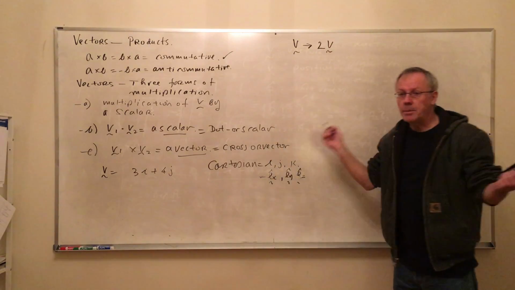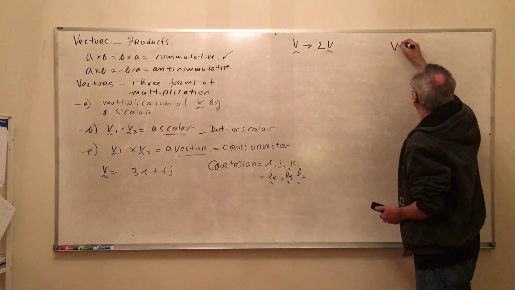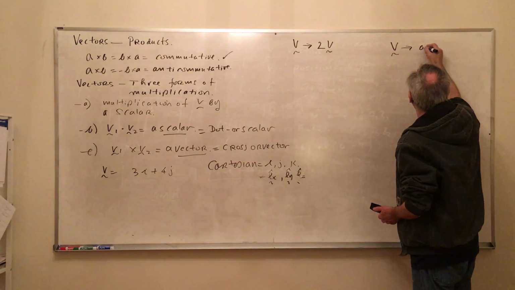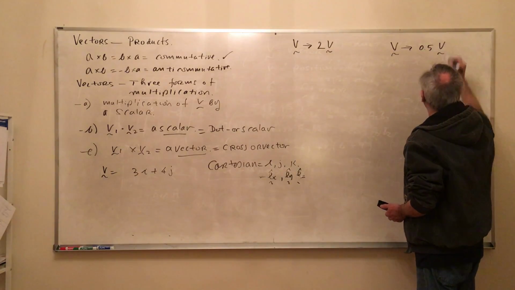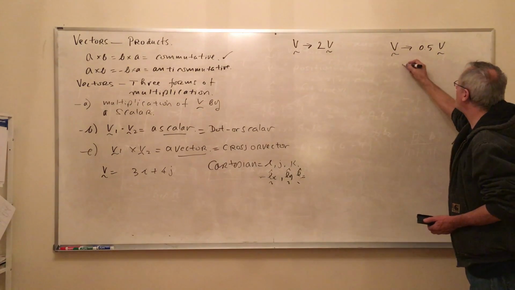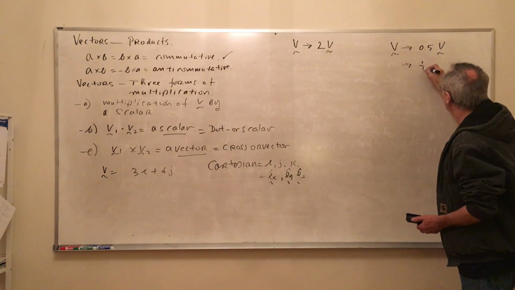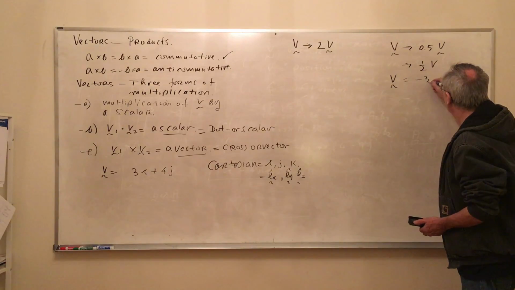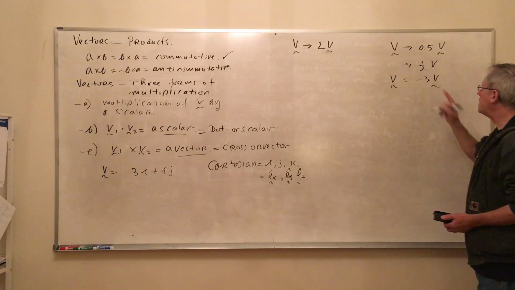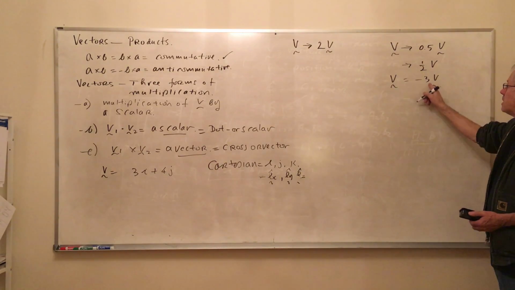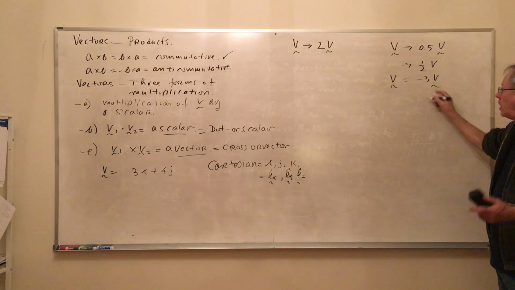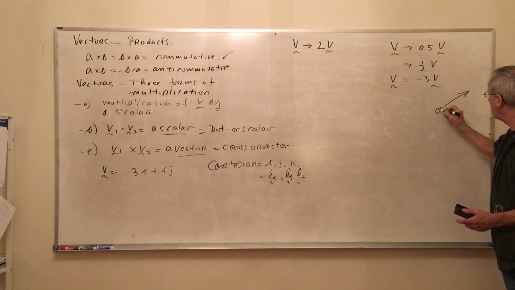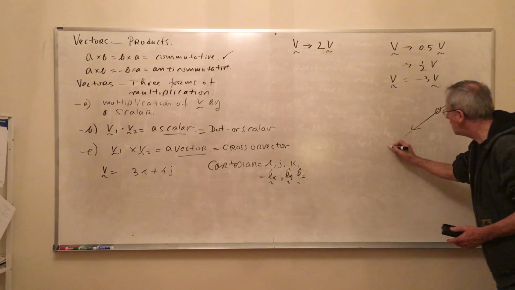So we go 2 times that vector. Or we could go v equals half of that vector. Or we could go v equals negative 3 times that vector. This makes a vector in the negative direction of it. If the vector is this way, this one is going to be this way, but 3 times as long.